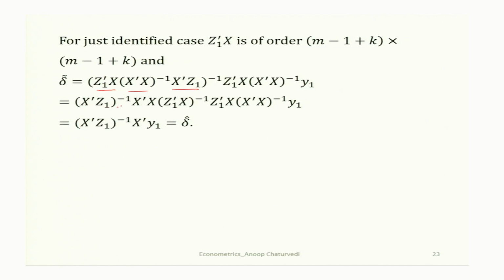You get (X transpose Z1) inverse, (X transpose X), (Z1 transpose X) inverse, and then Z1 transpose X, X transpose X inverse, Y1. This product becomes the identity matrix, and finally you get this expression, which is equal to delta hat, the indirect least squares estimator.